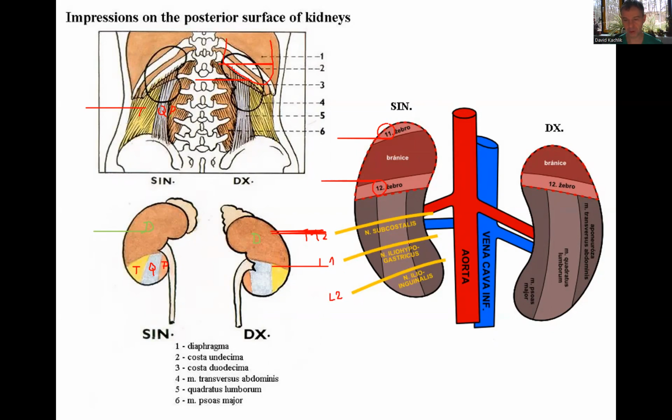Although, of course, the iliohypogastric originates also from T12. So these three nerves are in contact. So if there's an inflammation of the kidney, it can irritate the nerves and can cause pain in the corresponding dermatomes. So these are the relationships of the kidney to the anterior and posterior wall.